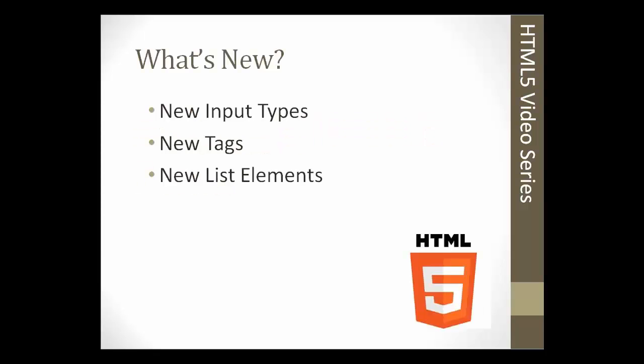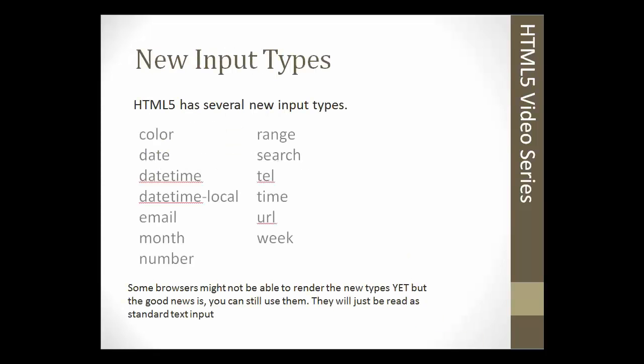What's new with forms in HTML5 is the input types, which is very cool, probably the best new thing about HTML5 and forms. We also have new tags and new list elements. There are quite a few new input types at the moment.